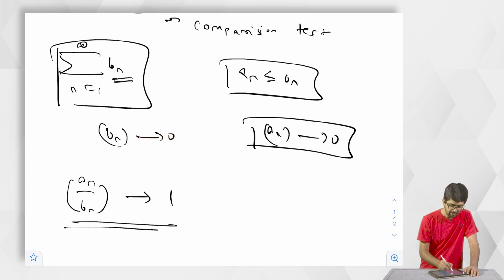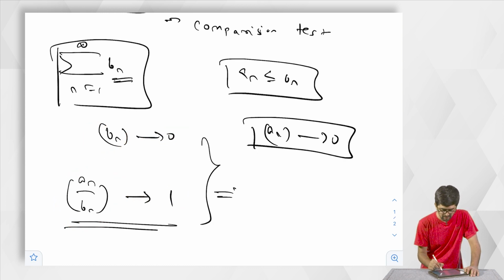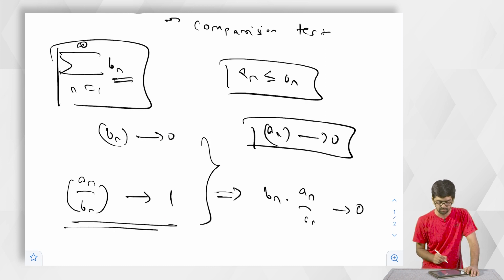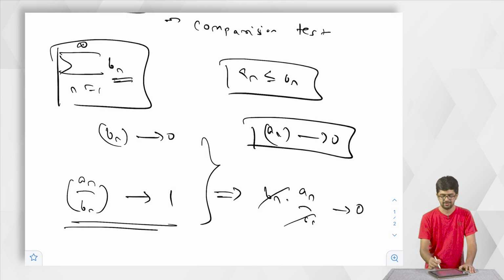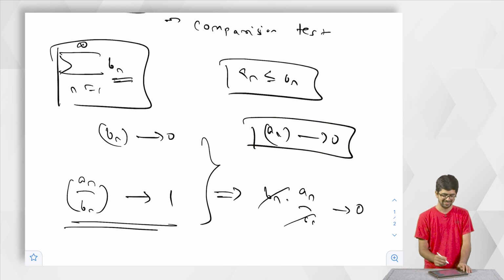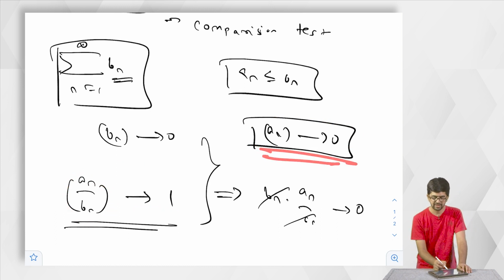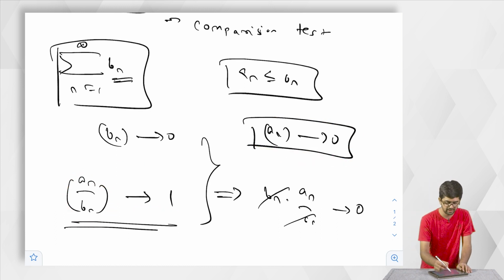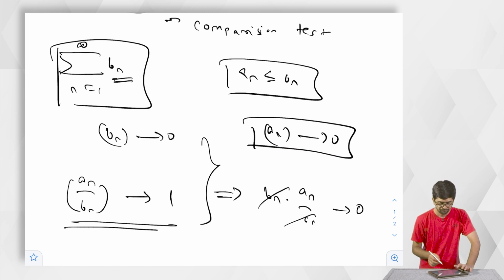Then we know their product converges to 0 times 1. So Bn times An by Bn goes to 0. What is this? This is simply An, so An goes to 0. So this is another way to test: Bn goes to 0 and An by Bn goes to 1 implies An goes to 0. One is not special here. It can be any element of R. It can be 0 also. That is not an issue.